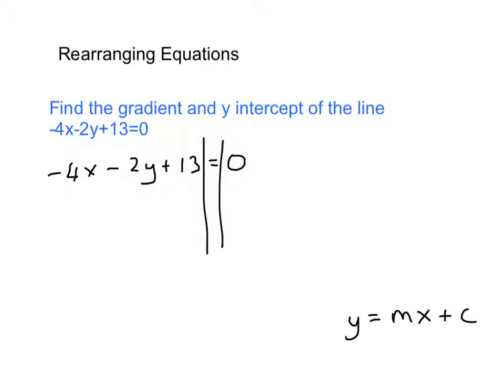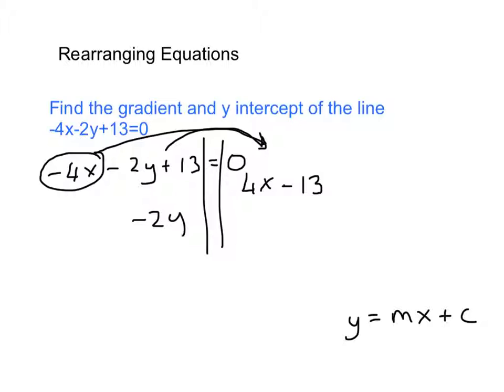I want to put my 13 on the other side, so that would become minus 13 on the other side. This is minus 4x, that goes on the other side, it will become plus 4x. So I've got negative 2y left, that's gone over the other side, equals 4x minus 13.